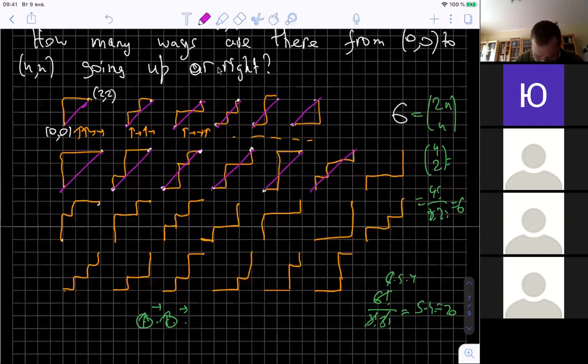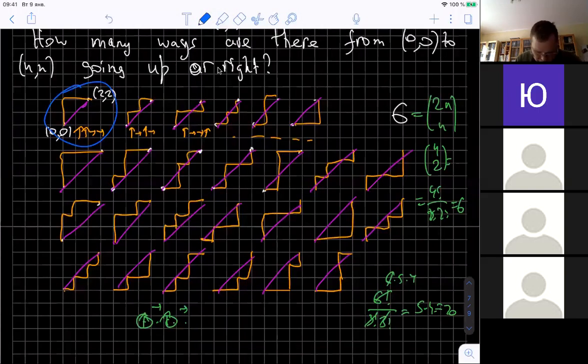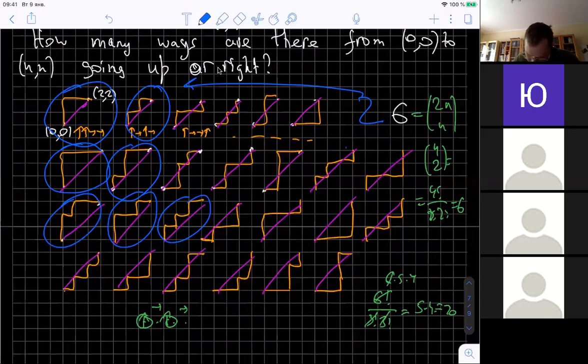So if I do this, which routes are going over the diagonal? These two, when n equals 2, and when n equals 3, over the diagonal here, here, here, and that's all. So we have only 5.